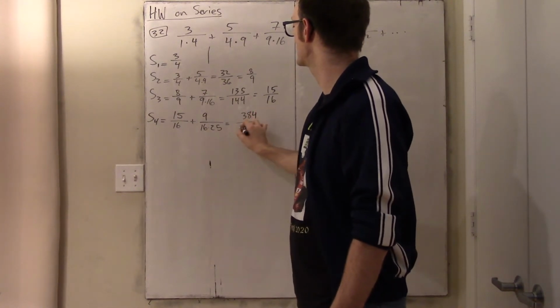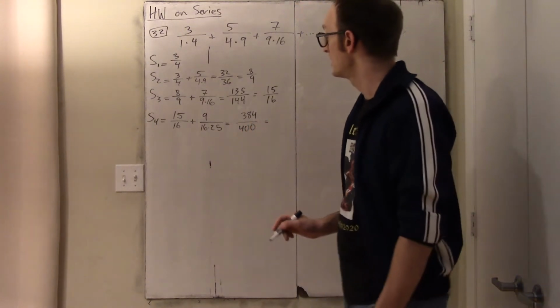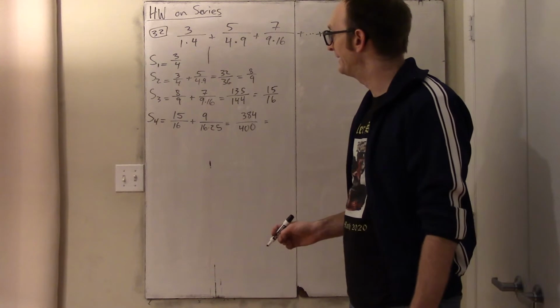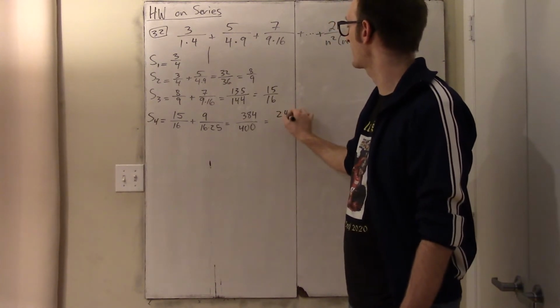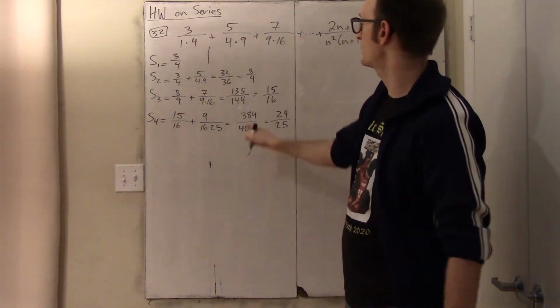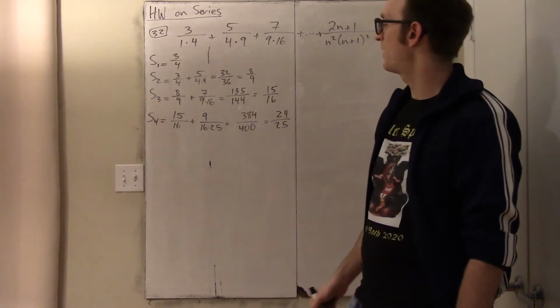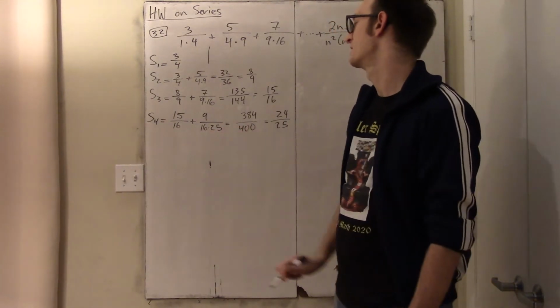Okay, but I can see that 384 is in fact 16 less than 400. So that's like 24 over 25, I guess, right? Because 16 is going to go into 384 one fewer time than 25.